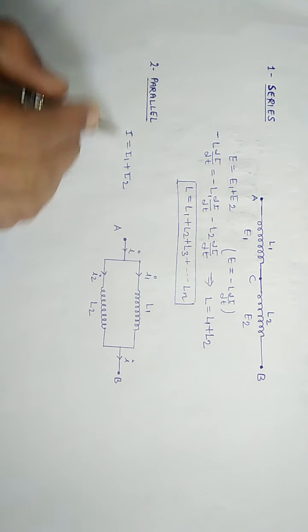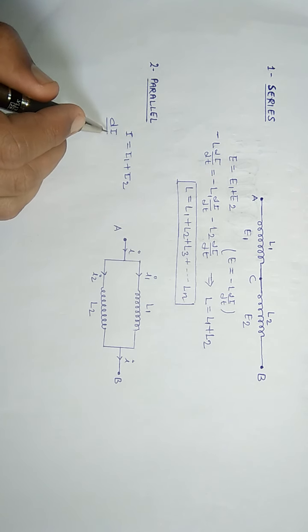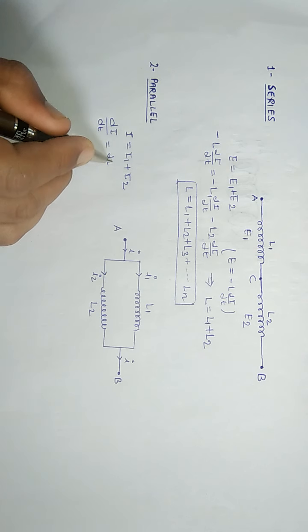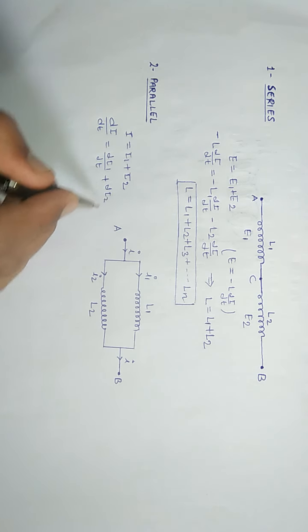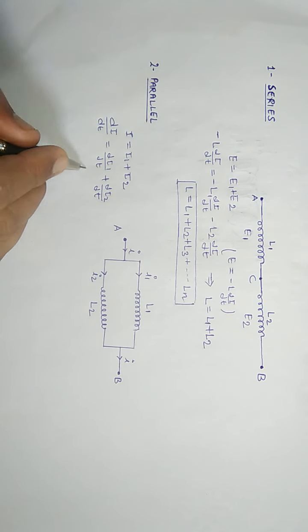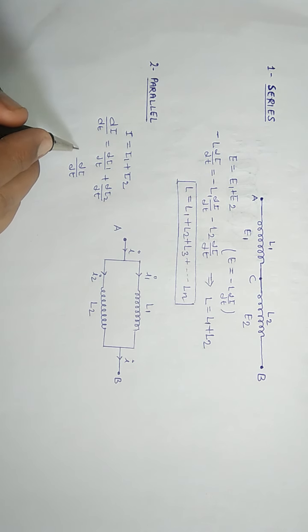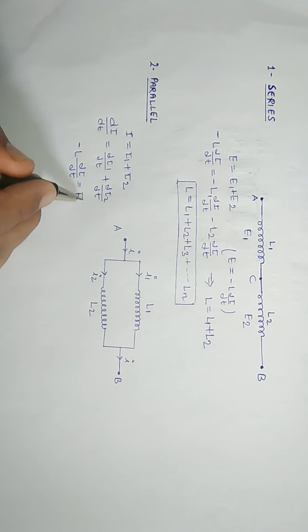On differentiating this equation with respect to t, we will get di upon dt is equal to di1 upon dt plus di2 upon dt. We know that minus L di upon dt is equal to E.